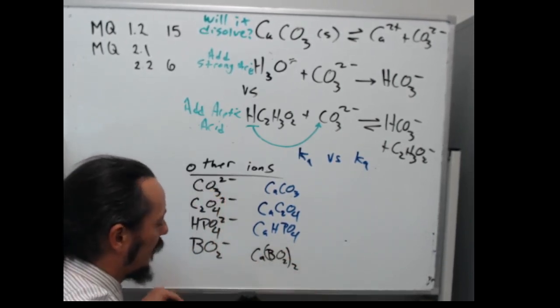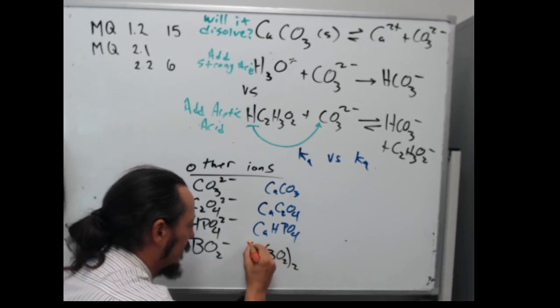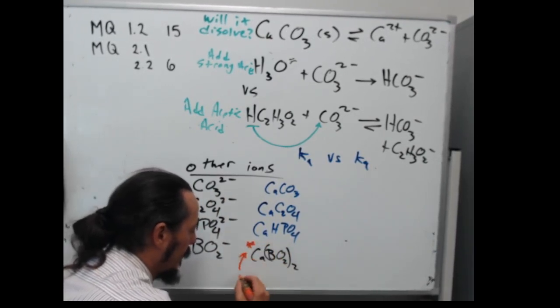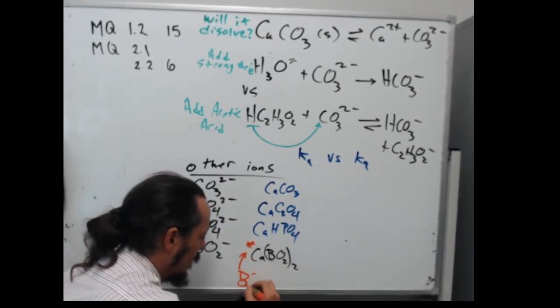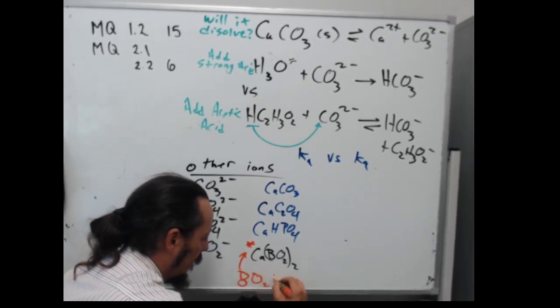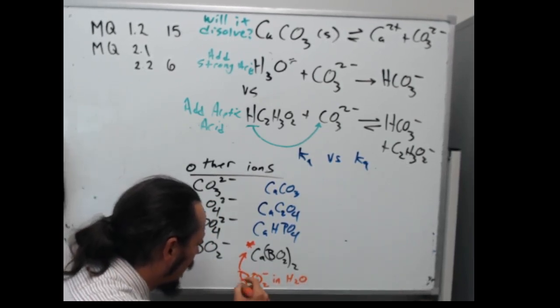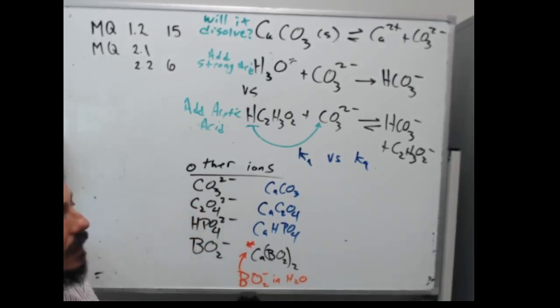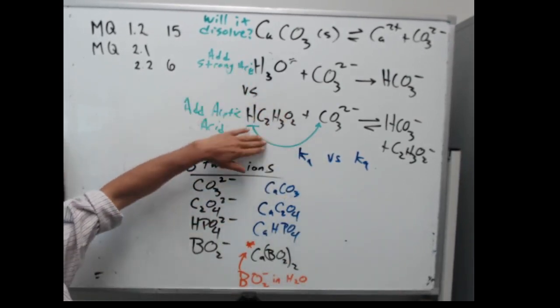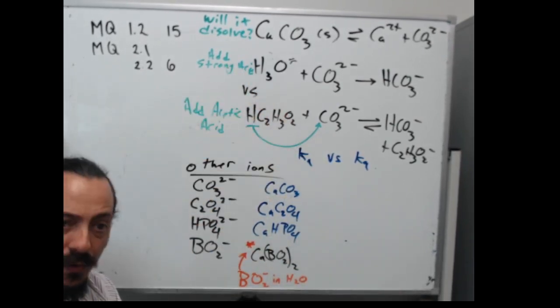Because this actually goes through a side reaction. Borate in water does some weird things, so that one doesn't actually form. So this is where the difference between a strong acid and a weak acid becomes more useful.